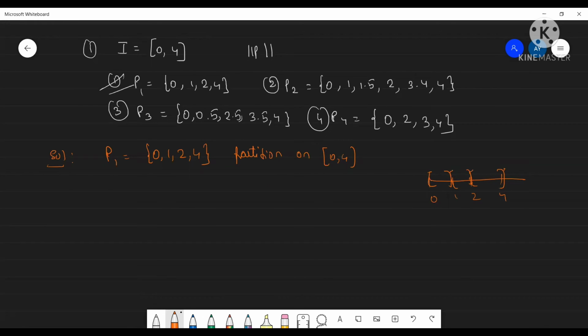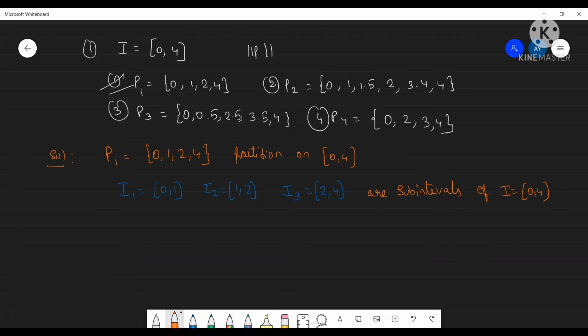So I1 equals 0, 1. I2 equals 1, 2. I3 equals 2, 4. All these are subintervals of I equals 0, 4.